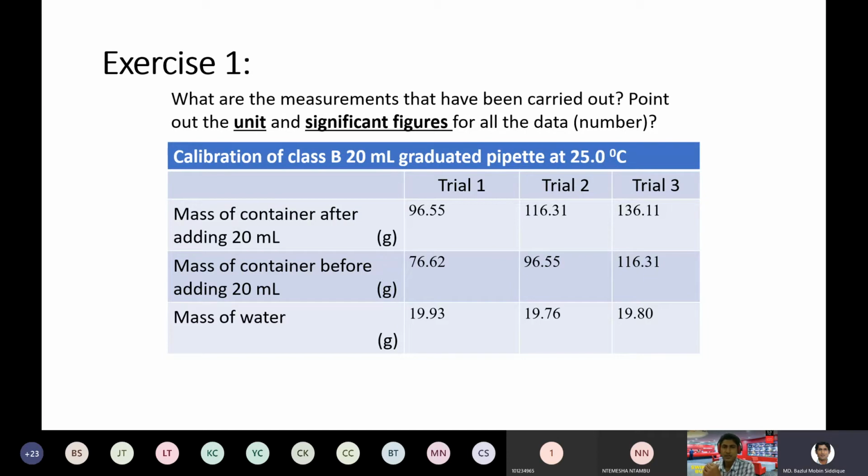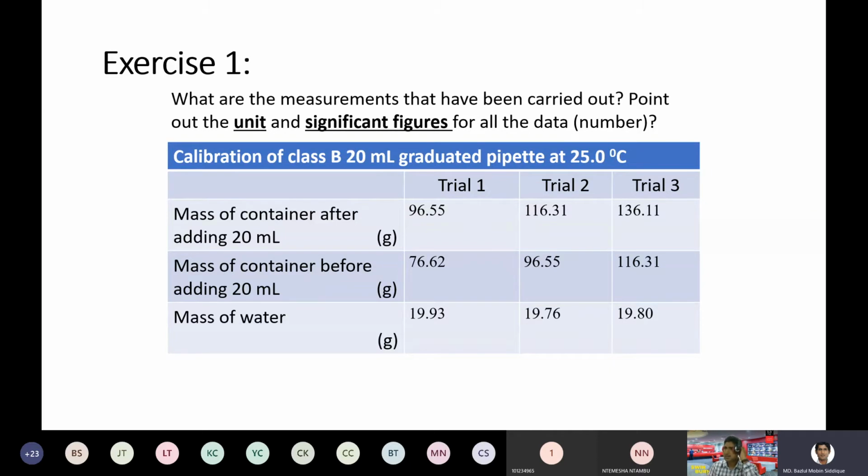We need to calibrate whether it is delivering exactly 20 milliliter of water, or less or more than that. So my intention is not to show you the calibration but to show you how to use the significant figures.